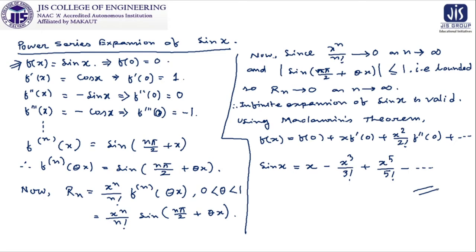In a similar manner, we can prove that cos x will be equal to 1 minus x square by factorial 2 plus x to the power 4 by factorial 4 minus dot dot dot, and we can observe the similarity in the pattern of the series expansion of sin x and cos x.